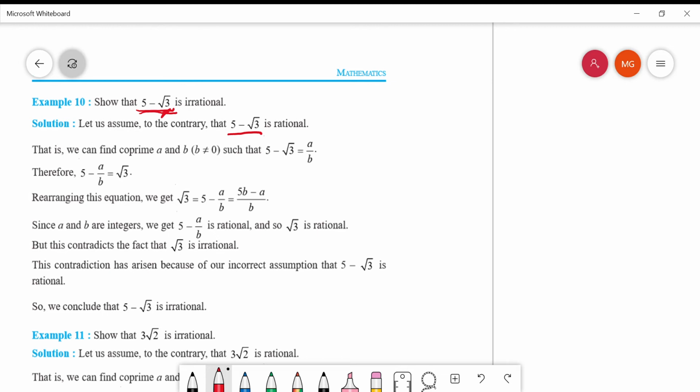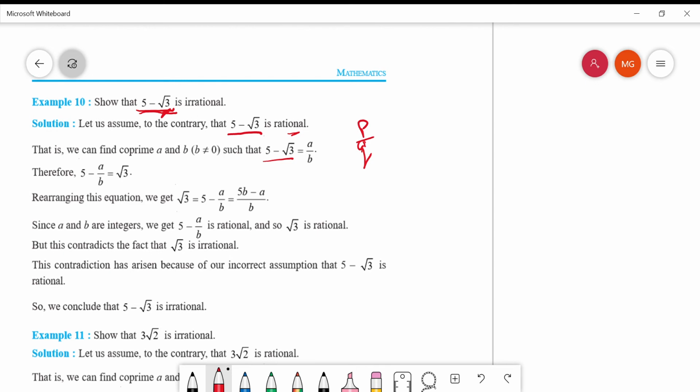Now, we can find co-prime a and b such that 5 minus root 3 equals a by b. If we say that this is a rational number, then it means it can be represented in the form of p by q, where p and q are some integers.